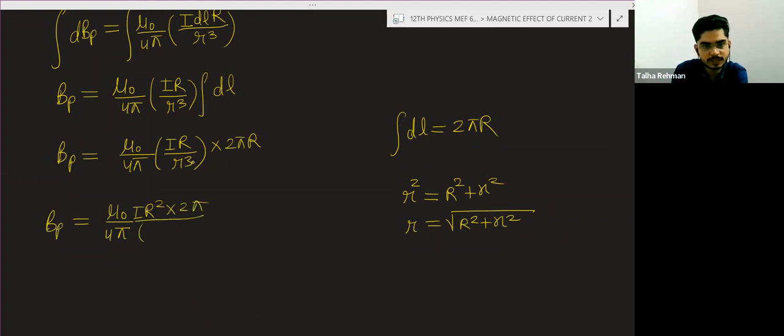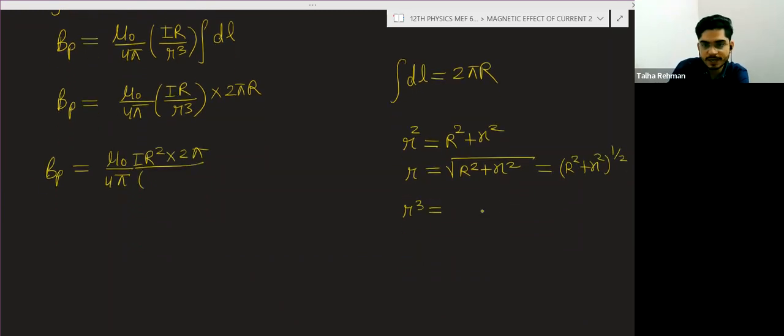And instead of r cube, this r can be written as R square plus x square to the power 1 by 2. When you take the cube, you will get R square plus x square to the power 3 by 2.